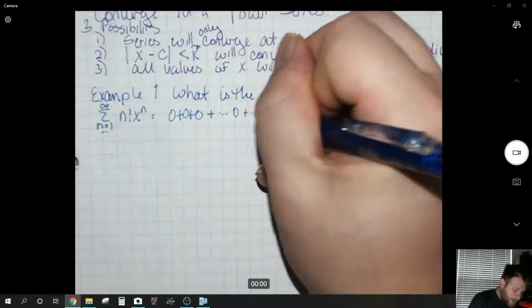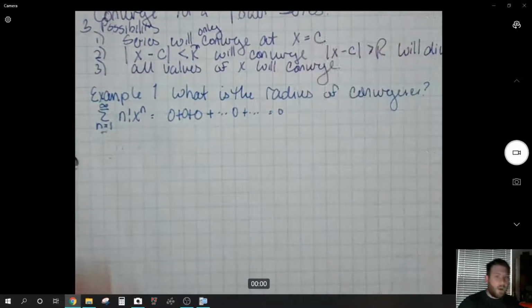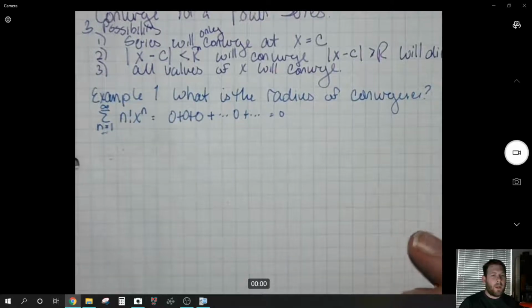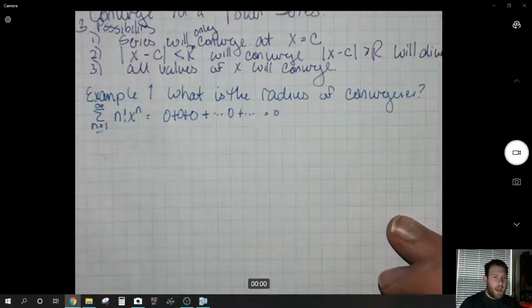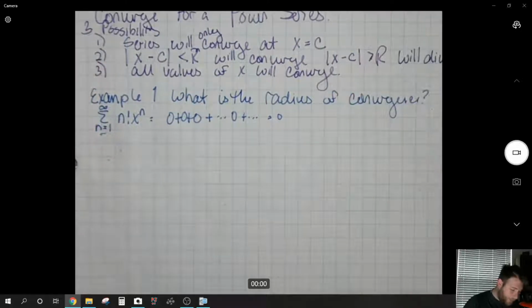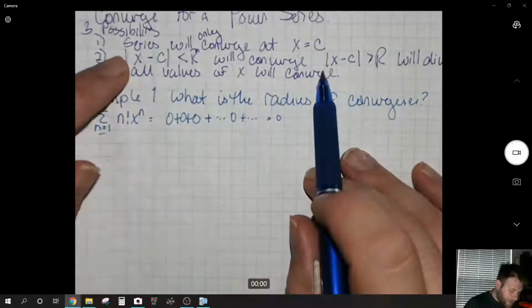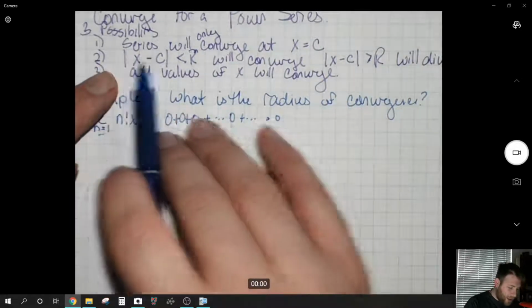So I know the series converges, and the series equals 0. So the series will converge at 0. I don't need to worry about that. So I know part 1 is true. But I do need to check the other part. I need to check number 2 now.